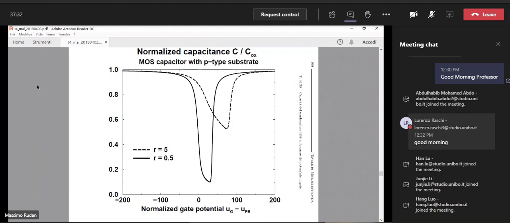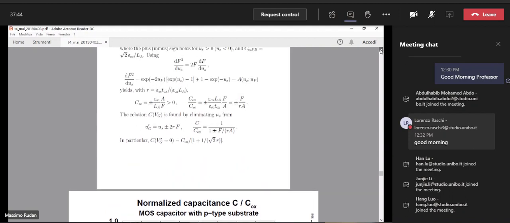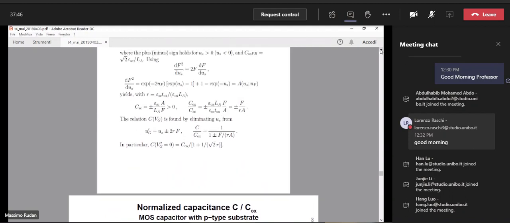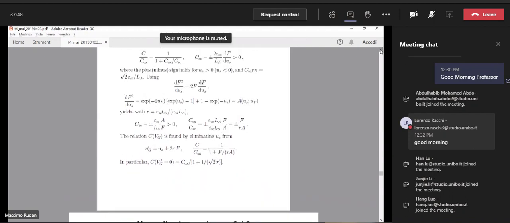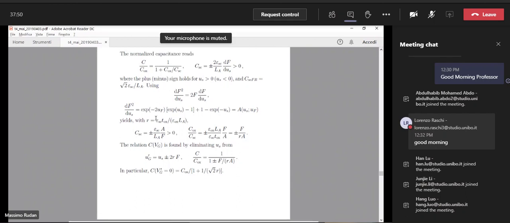These are two curves because they correspond to different values of a parameter, and this parameter R is a pure number that is the ratio of two lengths. You can see it here.